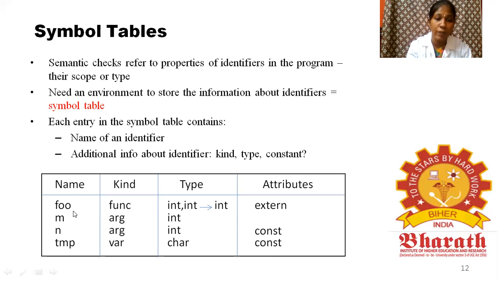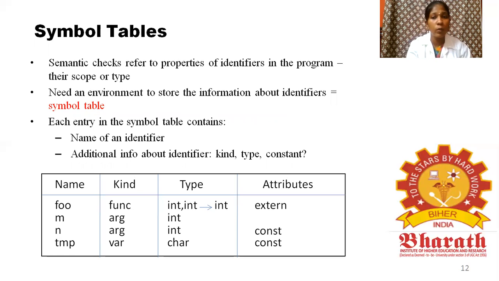FOO is a function, the type can be integer, and the attribute can be external because it's an external function. Next comes M. M is an argument, so int, and it does not contain any attributes. Then again N is an argument, and it has a constant.